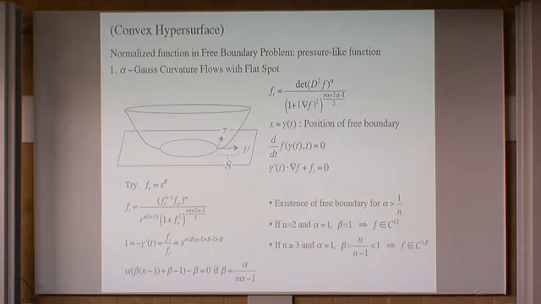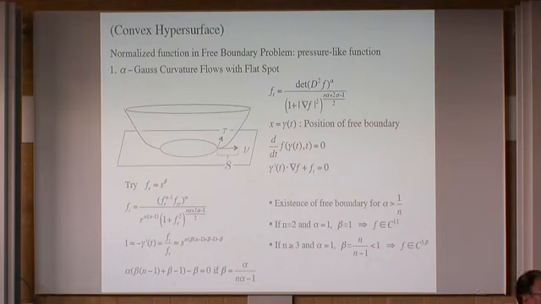Here we do have a free boundary, and let's say gamma of t is the position of the free boundary, and this is our equation. Now we try to look at what is the optimal regularity, which we don't know at the beginning, but what you know is the following. If the speed of the free boundary is infinity, then we cannot see the free boundary, right?